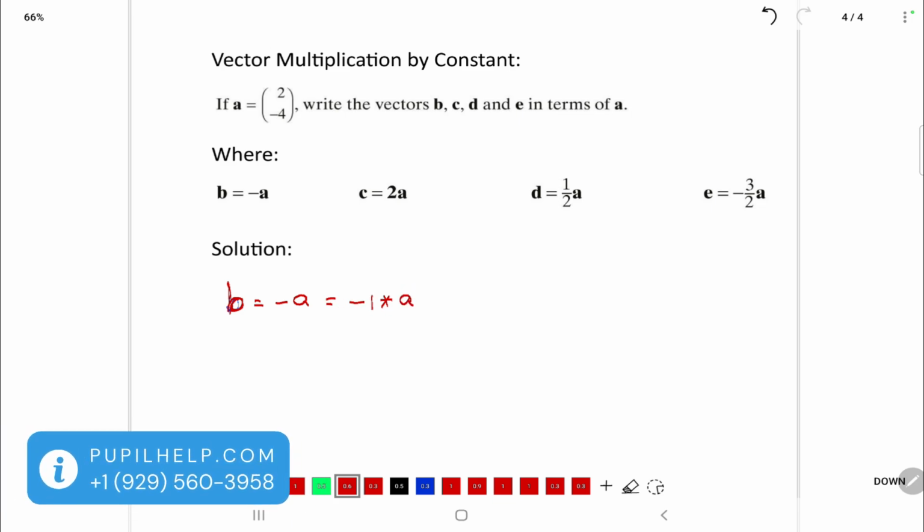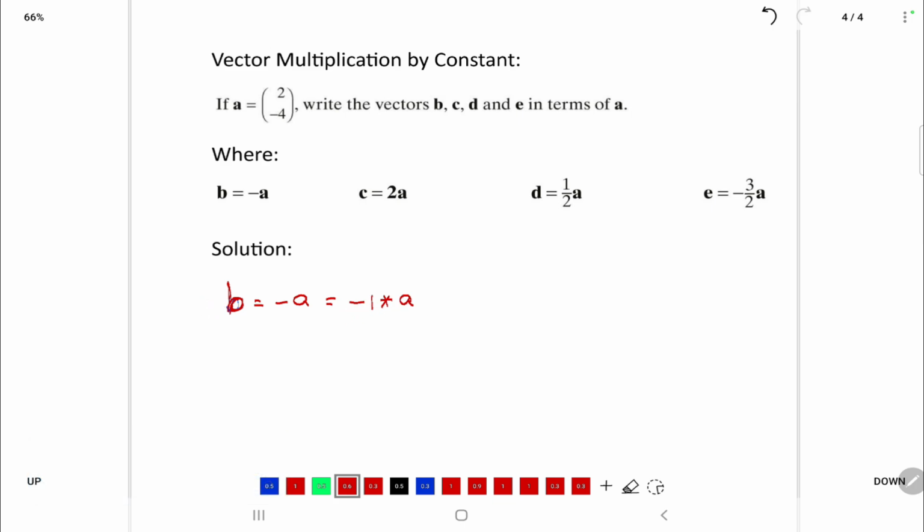So to find B, I multiplied A by minus 1. So this will be minus 1 times 2, minus 4. And as we explained last session, this must be multiplied by all the elements in the vector.